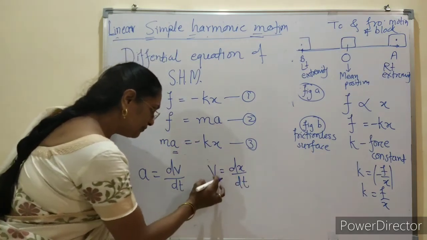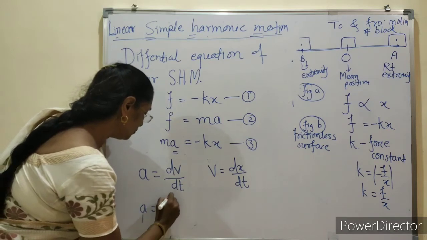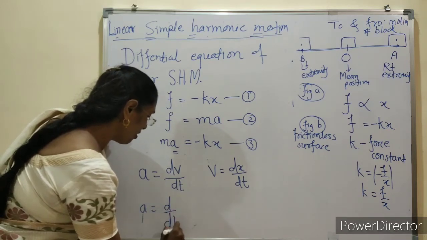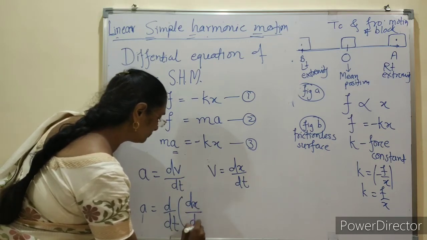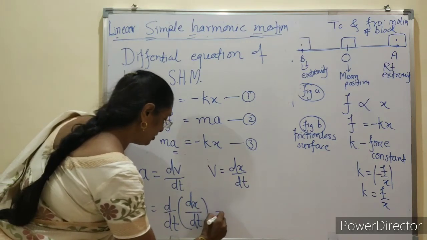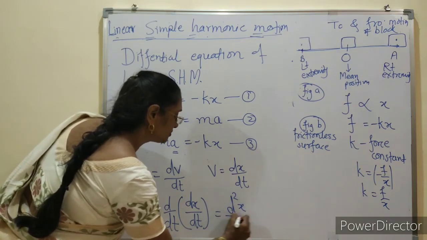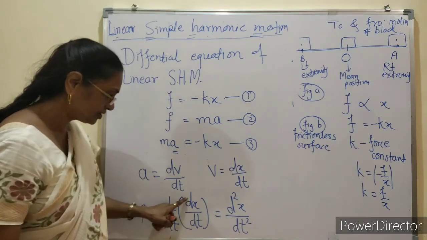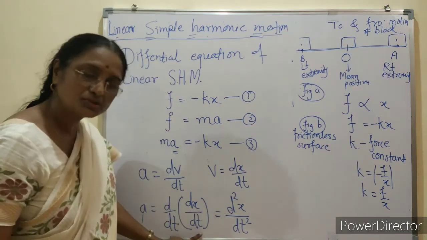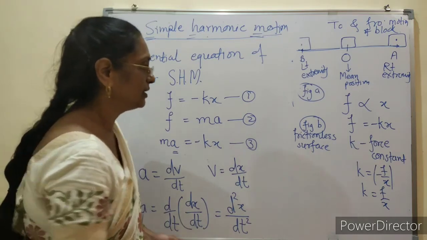If we substitute this velocity in acceleration, a is equal to d by dt of dx by dt, which is equal to d square x by dt square. So acceleration can be written like this.